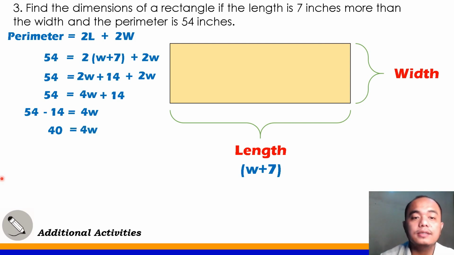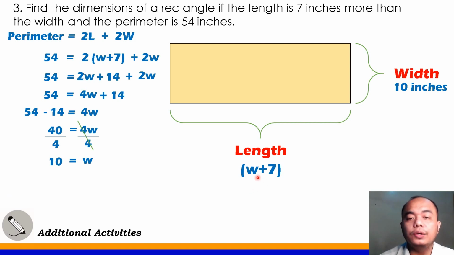And then, equals 4W. Ngayon, i-divide natin sila, class, no? By 4. Both sides. Yan. So, cancel yung 4. So, 40 divided by 4 is 10 equals W na lang ang matitira. So, ngayon, meron na tayong value ng ating width, which is 10. Okay? So, we have 10 inches.